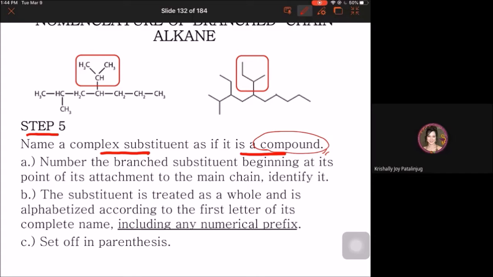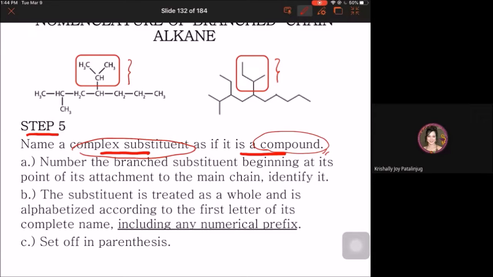Now, when a molecule has a branch that is complex, you treat that complex substituent as if it is a compound. So when you name this complex substituent, name it as if it is a compound.